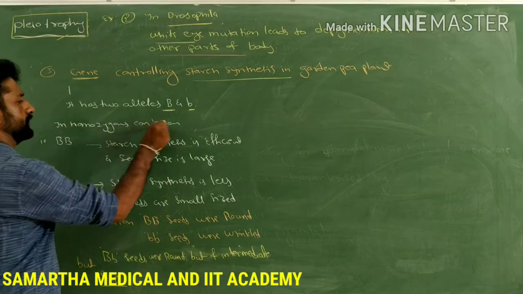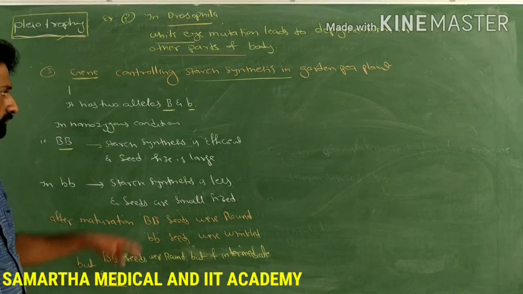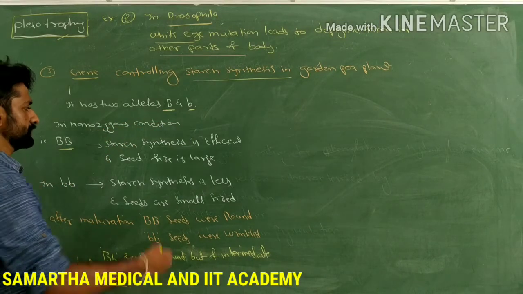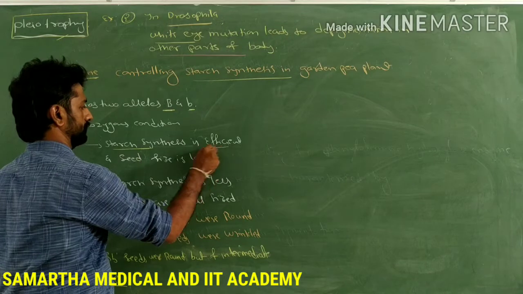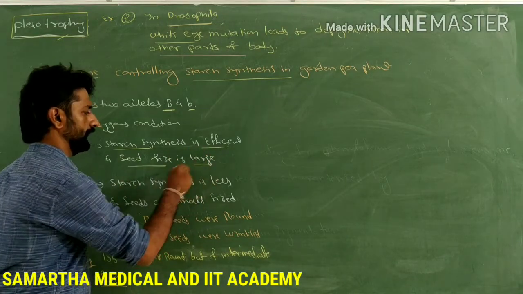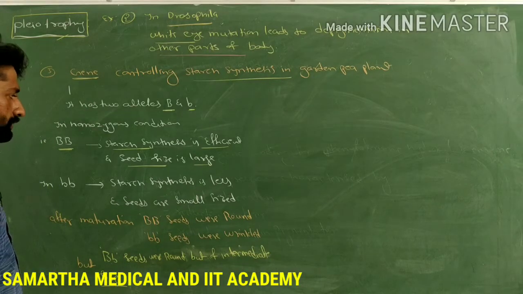In homozygous condition, that is capital B and capital B, synthesis of starch will be efficient, so the seed size will be larger or longer.